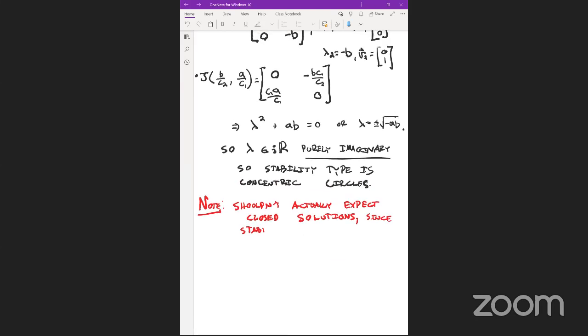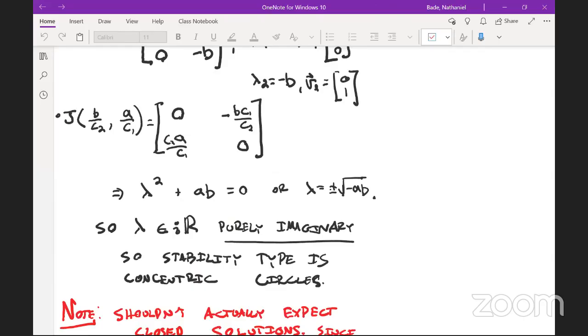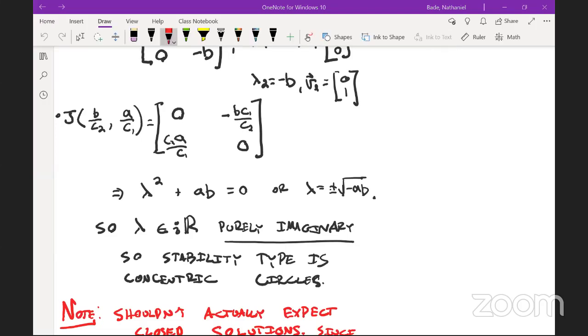Okay, so anyway, we shouldn't expect this to actually be closed, because stability here is approximate.